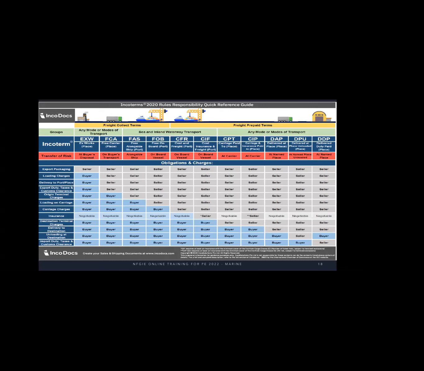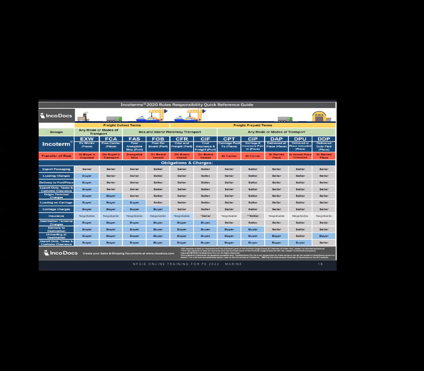The reason they have mentioned it as at carrier is that CPT and CIP are used for any mode of transit, not only inland waterways. So when you are learning, just remember that if a vessel is involved, it will be on board the vessel, similar to FOB, but we are mentioning at carrier because it is there for any mode of transit.